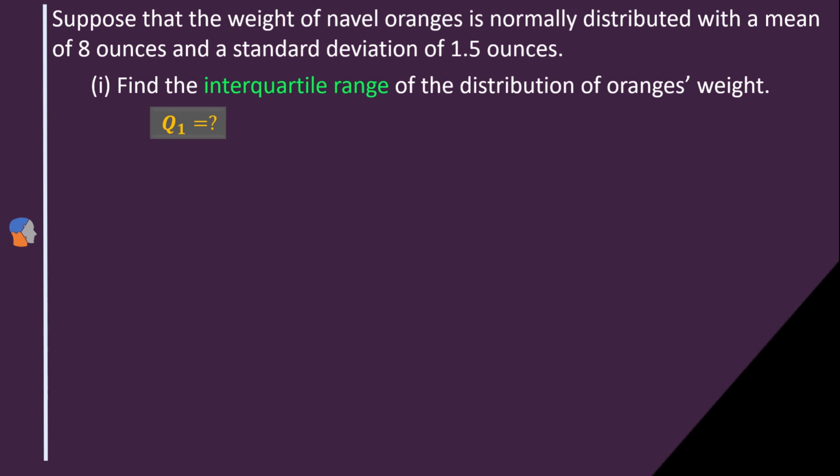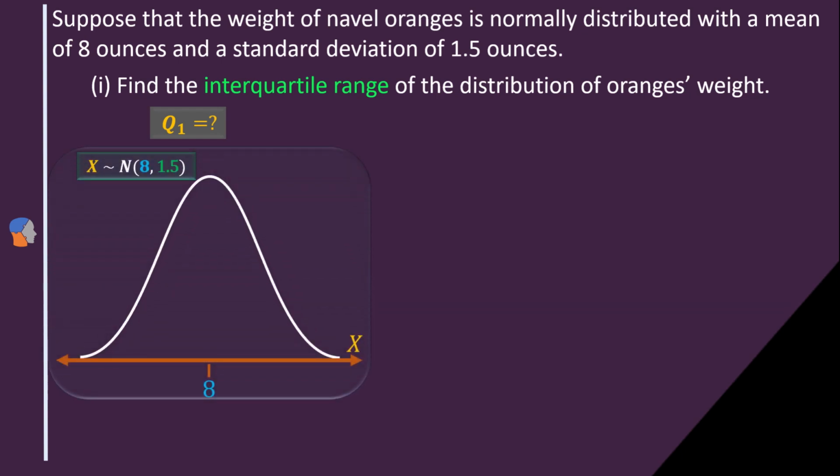Now we need to find the Q1. Again, how do we find the Q1? Consider the area from the left, and that area must be 25%. Right. The value on the x-axis is Q1. We need to find the Q1. First step. The area left of Q1 is 25%.